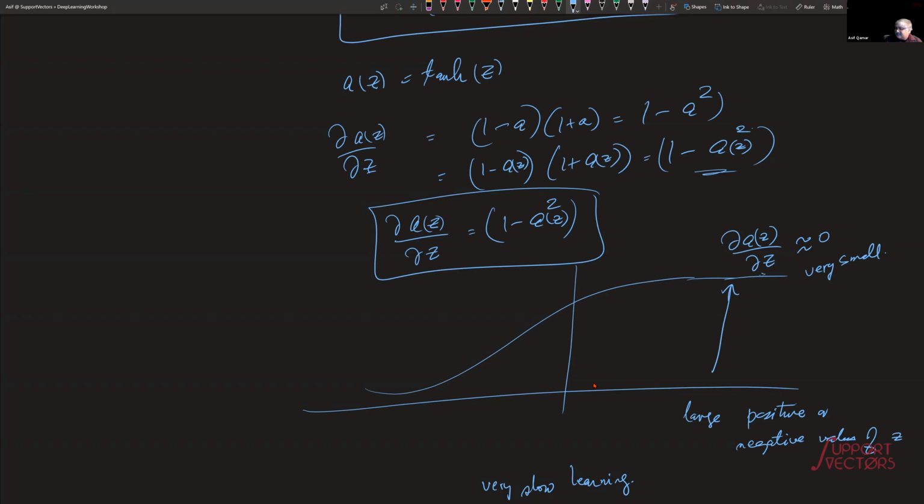Isn't it? Not only slow learning, it will, in fact, keep on vanishing your gradients. Ultimately what will happen is the layers that are early layers, so as you back propagate back, it turns out that most of your gradients will disappear.